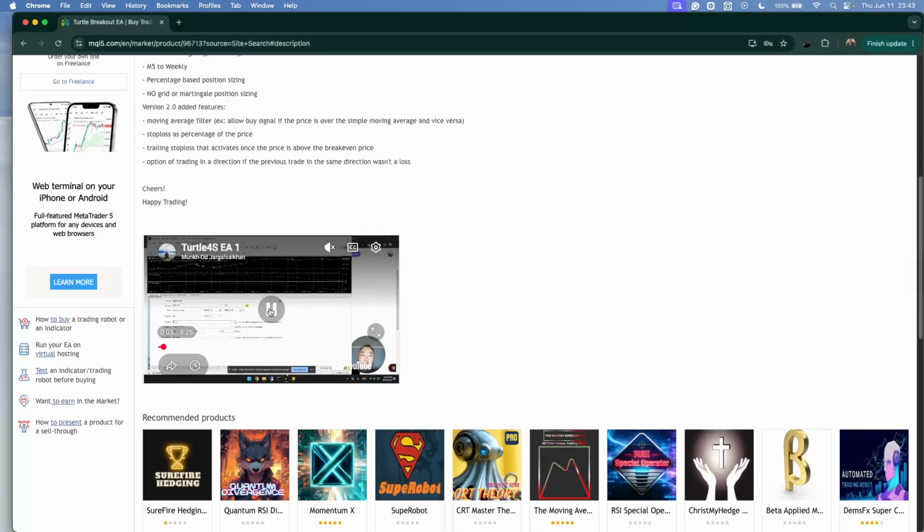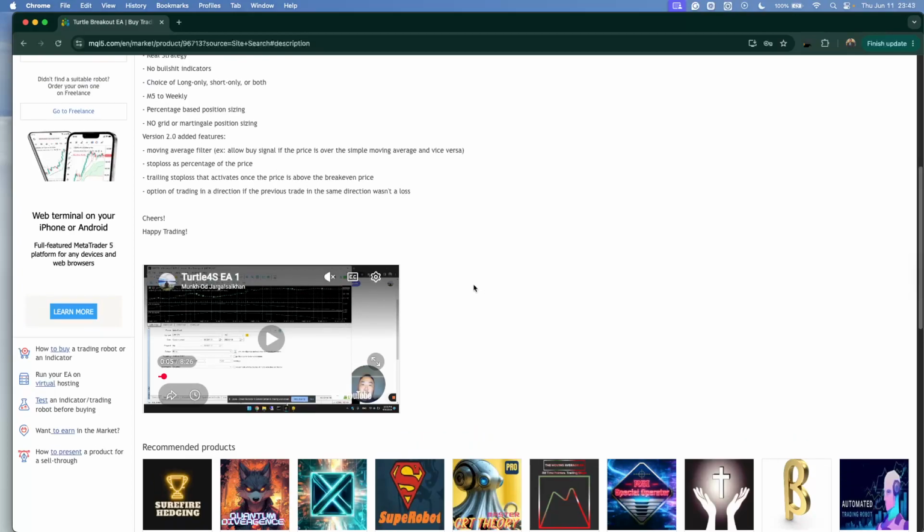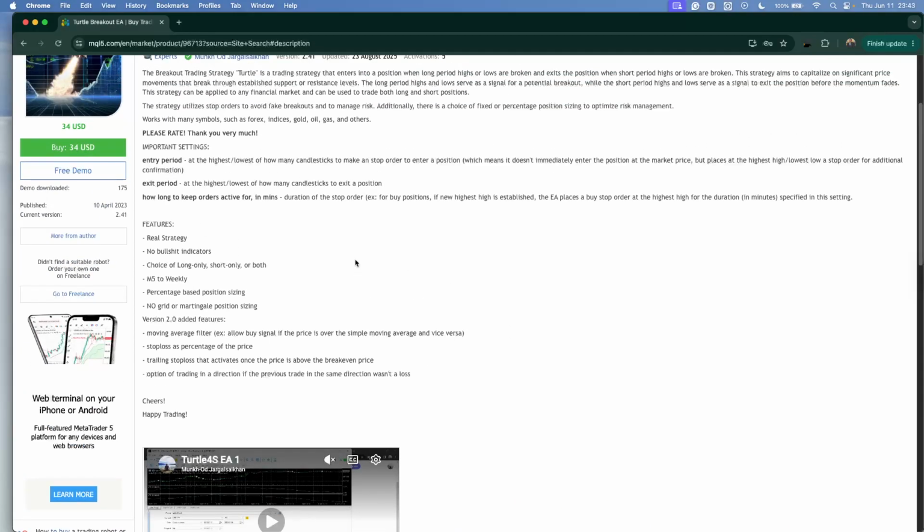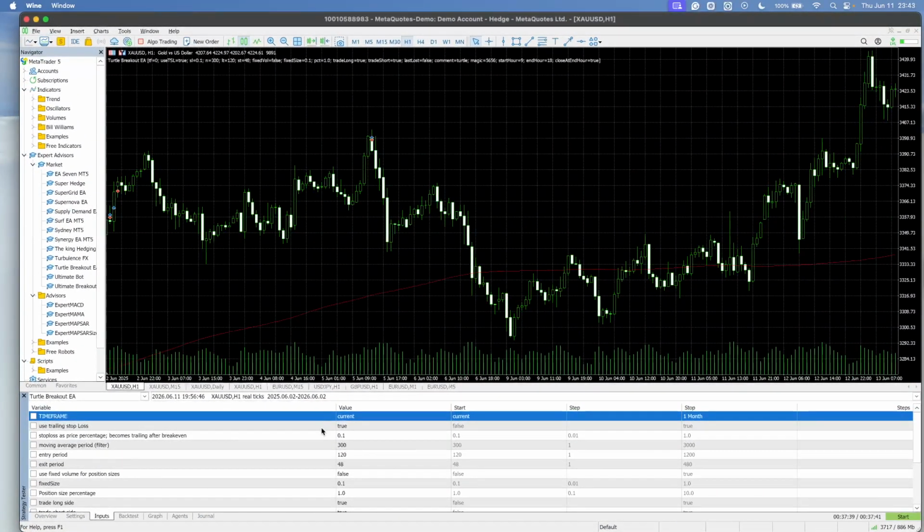and this is where he's running the expert advisor in the background, but we're not going to dive into that video. We have our own backtest which we ran on the Turtle Breakout Expert Advisor. But before we dive into that, let's talk about the key settings. The key settings they push include the entry period for breakouts, and we have the exit period for closes.